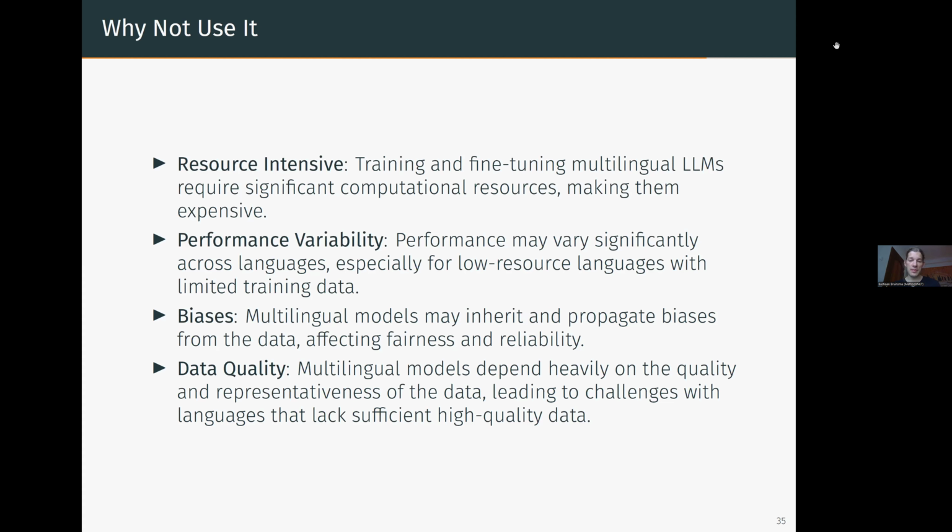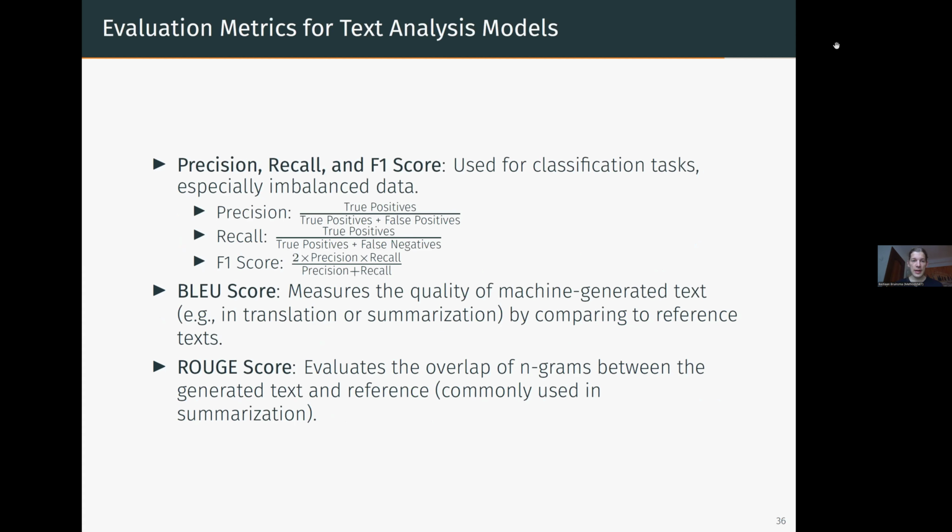They also come with quite some biases and some data quality issues, and I will get to that a little bit later. And you can evaluate this. With these kinds of models, even more so than with the other ones I presented earlier, you've got to figure out whether it's good. There are a lot of different ways to do that, lots of evaluation metrics. Some of them are here, but you've got to do it to figure out how good your models are.